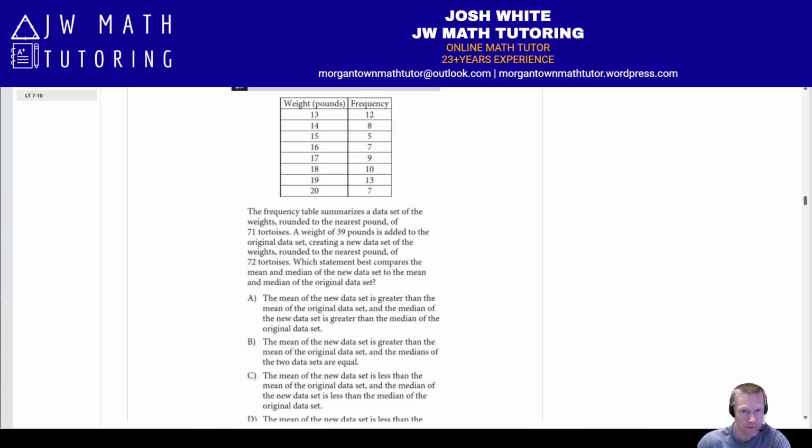This is 71 total values. Then we're going to add one more value to a new data set. It's basically the original plus this other one, a value of 39, and the frequency would just be 1. So how do we compare the mean and median of these two data sets?